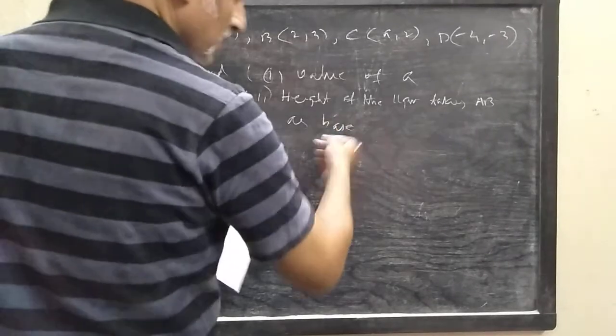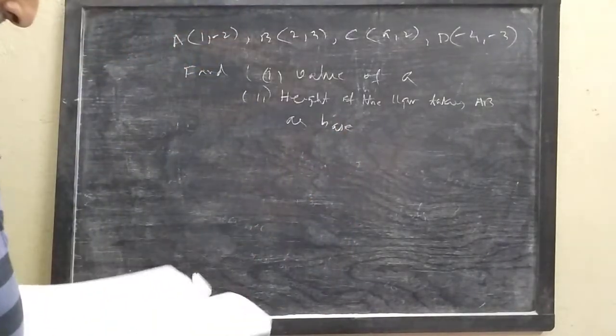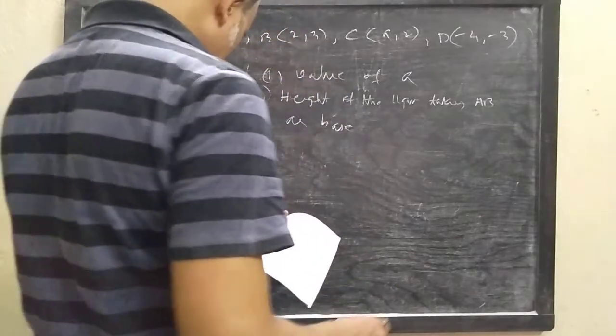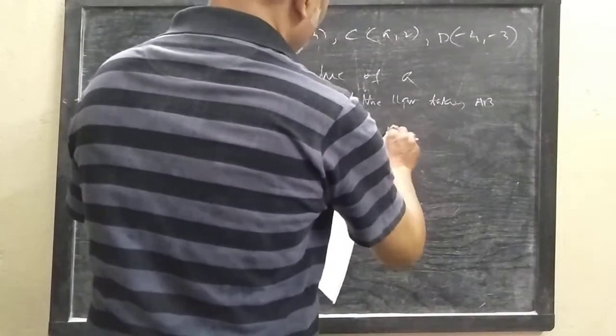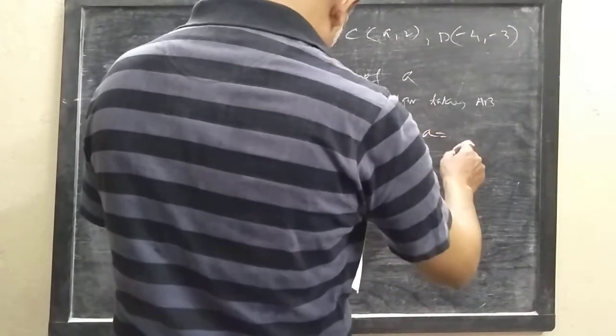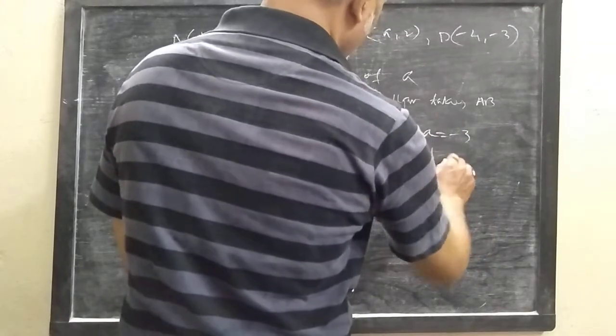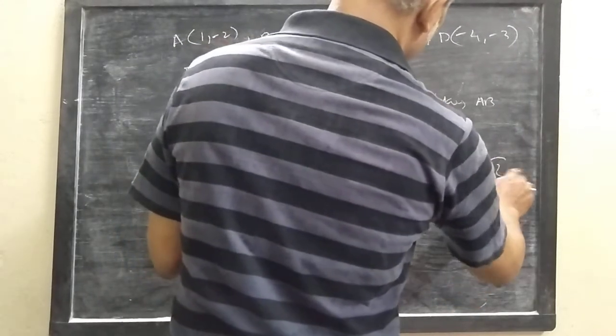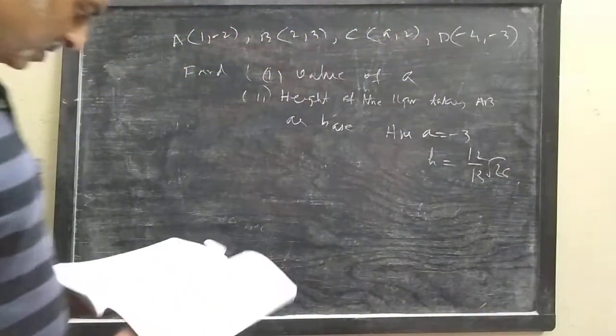This part is like the previous problem, so you can do it. Your answer is: a is minus 3 and height is 12 by 13 to the power 26, like the previous problem.